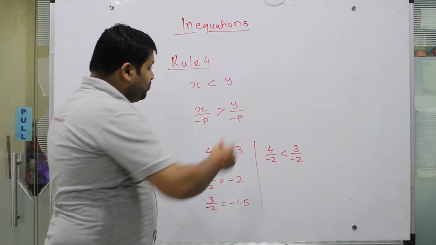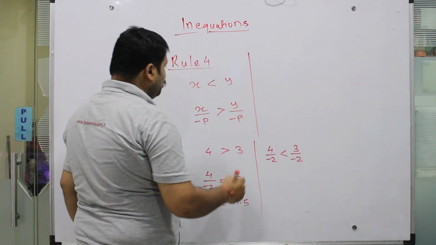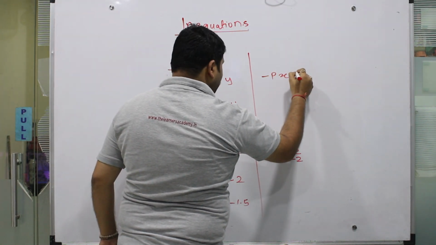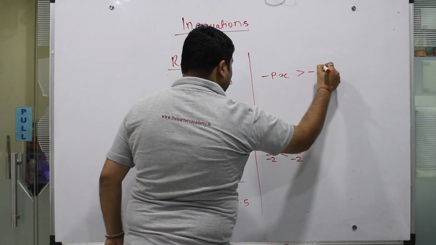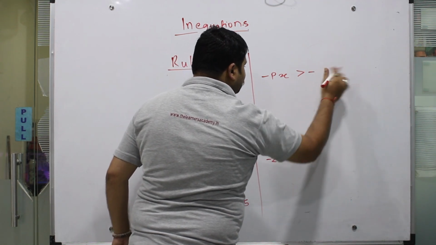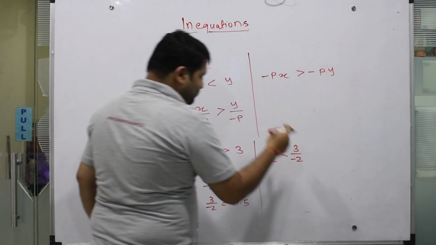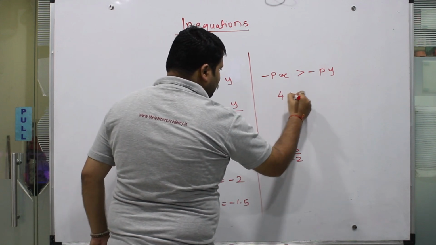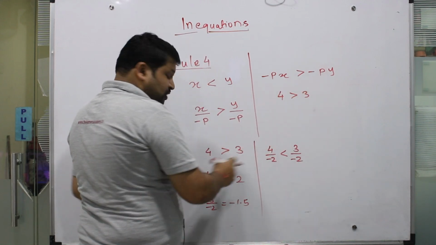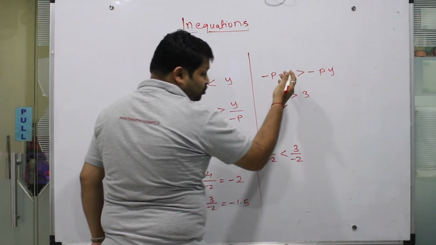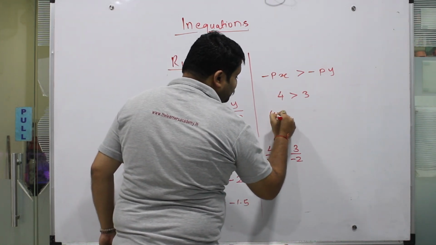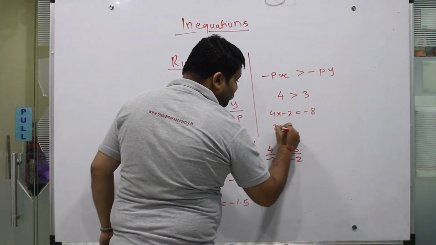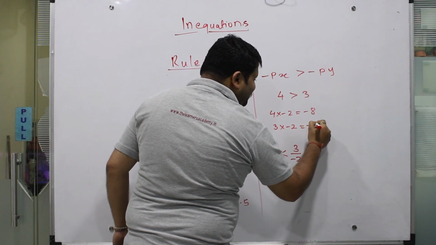Division तो अपन ने कर लिया, multiplication देख लेते हैं. So we can also say that minus px will be greater than minus py. Same example अगर अपन repeat करते तो क्या हो जाएगा मेरा? 4 is greater than 3. तो minus 2 से multiply कर रहे हैं तो it would give me 4 multiplied by minus 2 is minus 8, and 3 multiplied by minus 2 is minus 6.